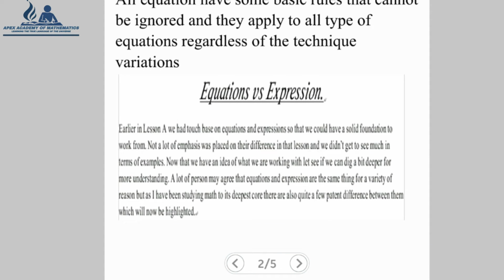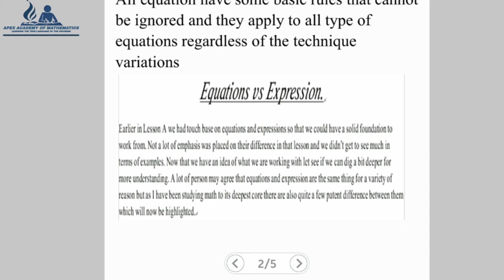All right guys, what we're going to move on to next is talking a little bit about the difference between an equation and an expression. I must say that it is a constant misconception, a misunderstanding, and what I would call a conversational error, when students often refer to an expression as an equation, and sometimes you may see a student calling an equation an expression.